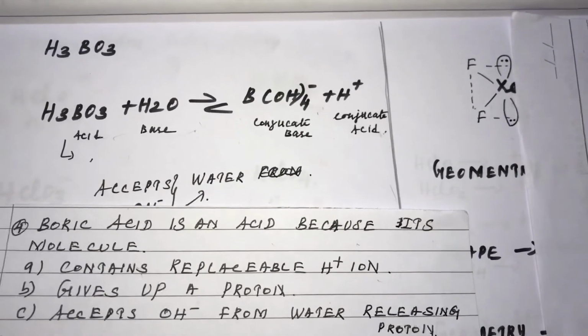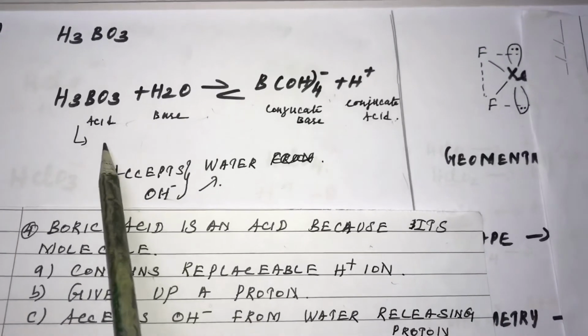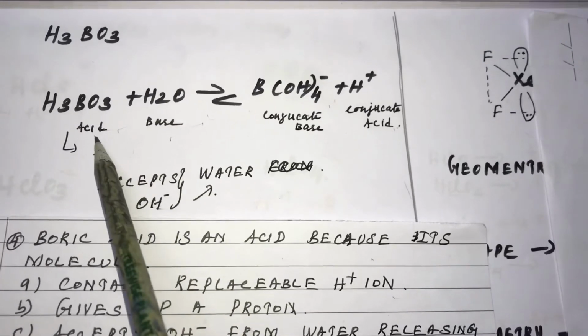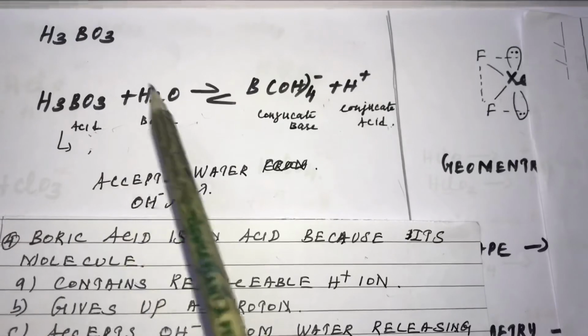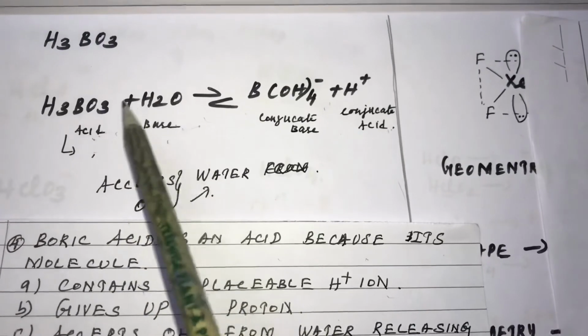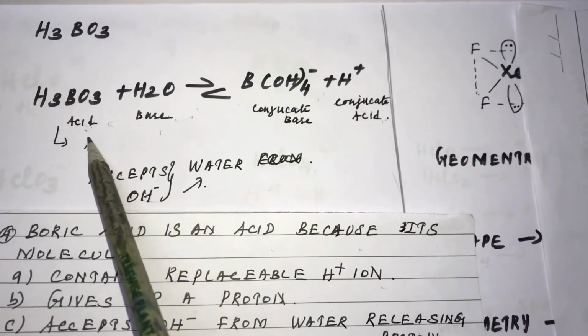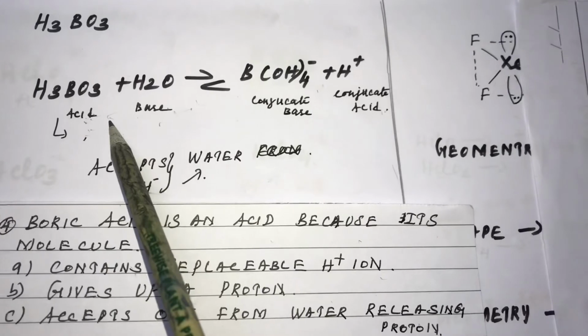Here the correct statement is that boric acid accepts OH- from the water molecule. The H2O donates OH-, thereby it is called a base, and H3BO3 accepts that OH-, thereby it is called an acid. So this one is the apt one.